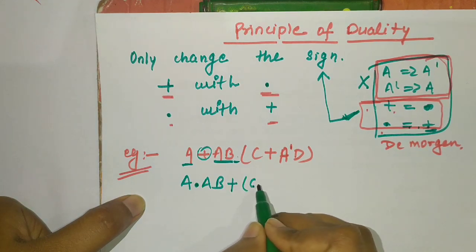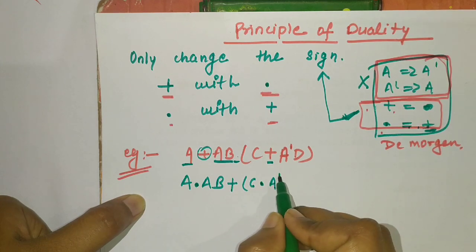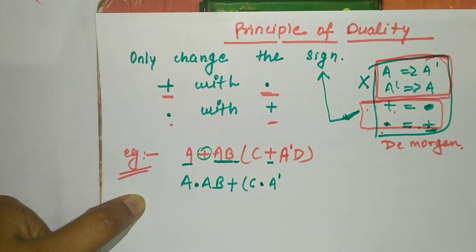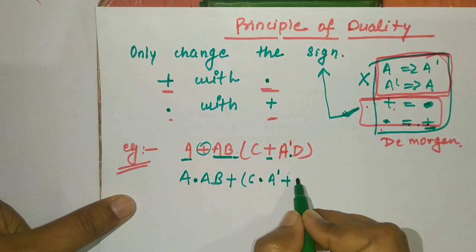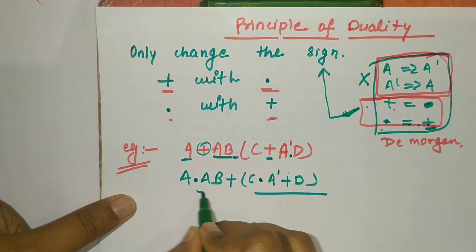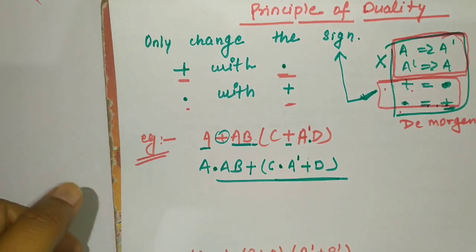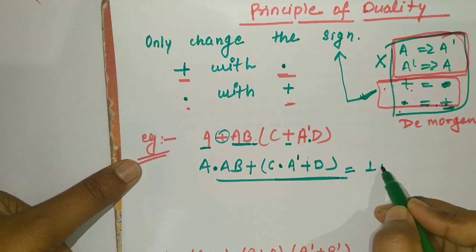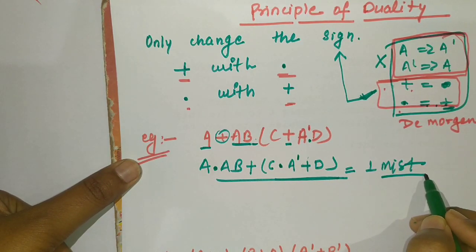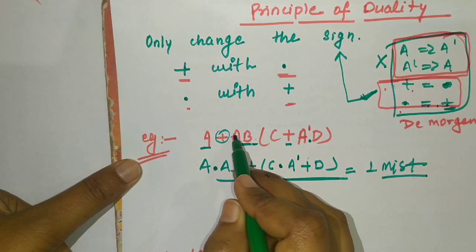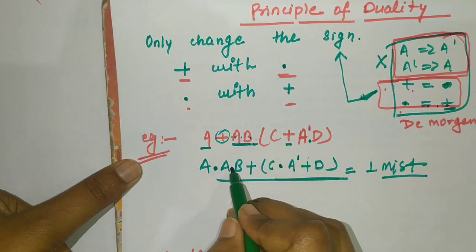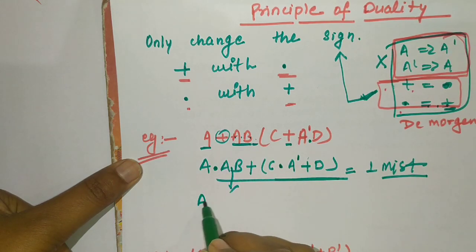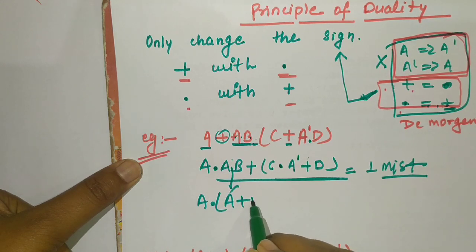Again C, then plus changes to dot, A dash stays, and D is written. Is this complete? No, because this has one mistake: between A and B there is an into sign, which we cannot leave; we have to convert A into B with a plus sign.